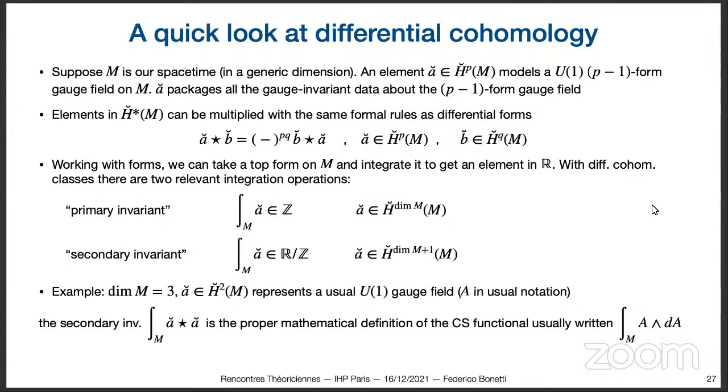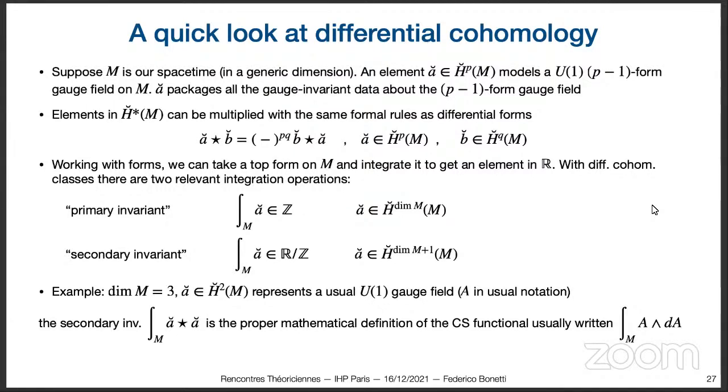You can still pick a top dimensional class and still get a number, which is actually an integer because of flux quantization. But you can also take a class that has a degree which is the dimension of your spacetime plus 1. So naively, that would have too many legs, so to say. But in this formalism, it makes sense to integrate it. And in this case, you would get a phase, or something that's usually referred to as a secondary invariant. And this will be the key ingredient.